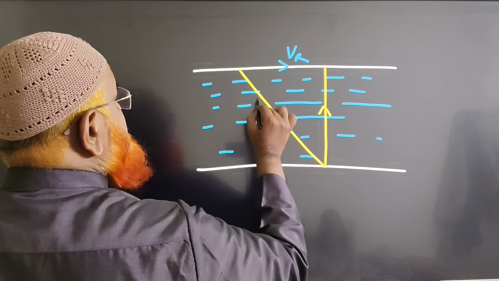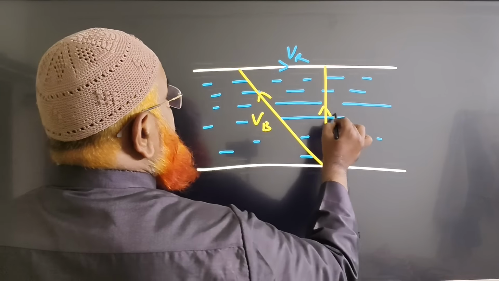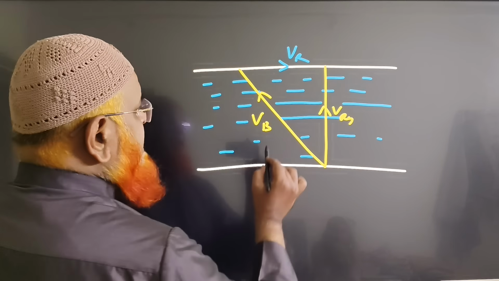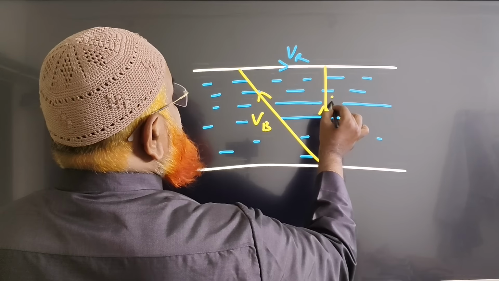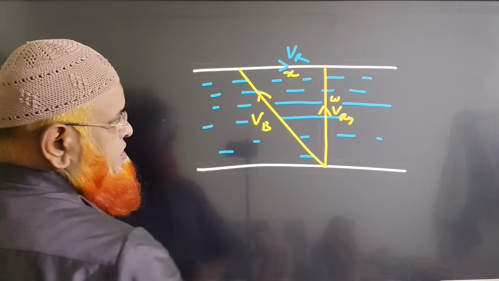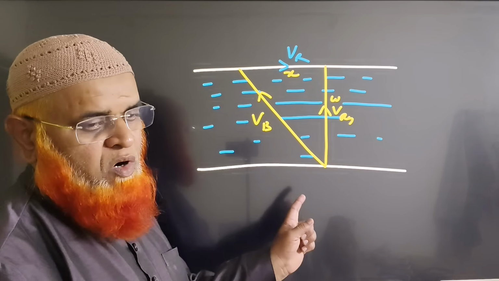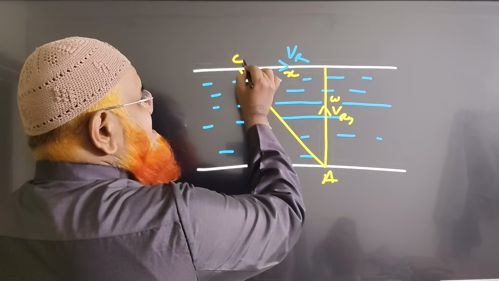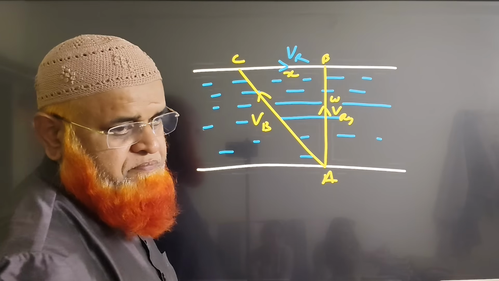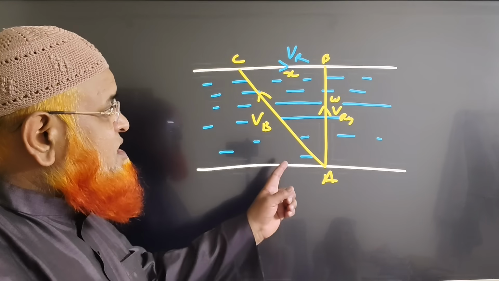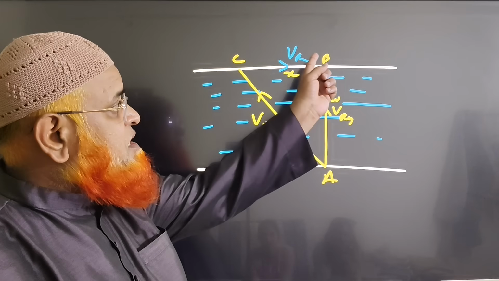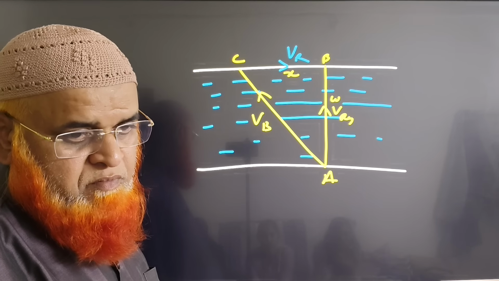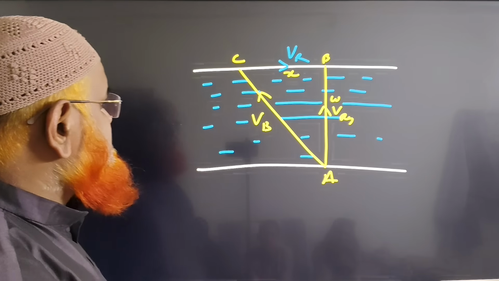Then you have to row the boat like this, isn't it? The velocity of the boat, this is said to be the resultant velocity. This is the velocity of the river. This is said to be the width of the river. This is said to be the drift of the river. Drift means you are aiming from A to reach at C, but you are reaching at B. That means your target has been drifted from here to here. That drift is said to be x.